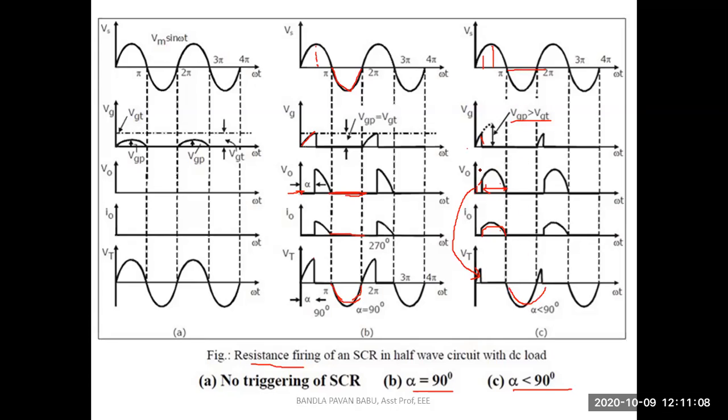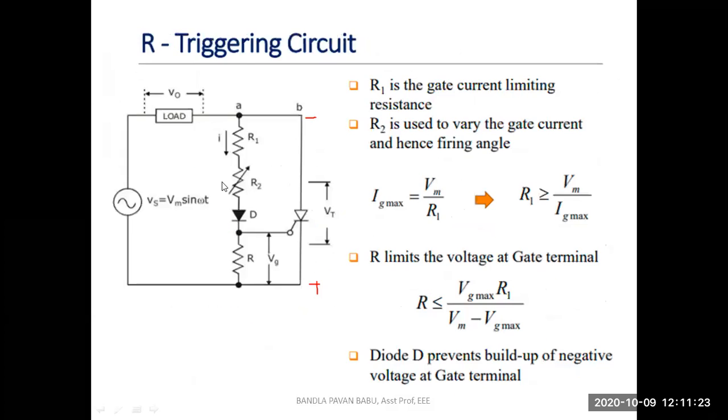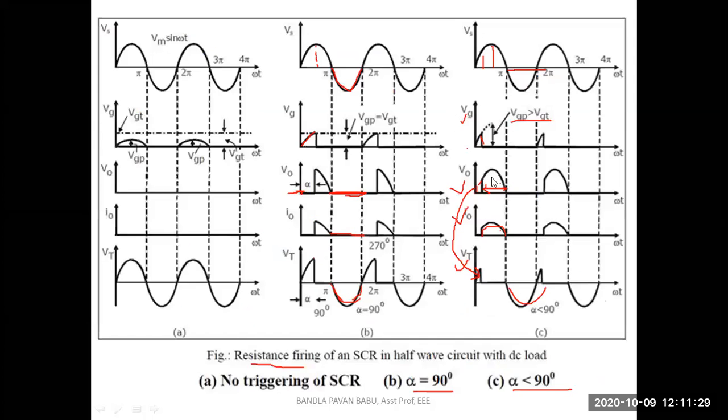So finally, we have to focus on the output voltage, output current, voltage across thyristor, and for the input, that is the gate current. So by adjusting alpha, that is by adjusting the resistance, the gate current is adjusted. So with the gate current adjustment, obviously the voltage is controlled, and with the control voltage, obviously the current is also controlled here.